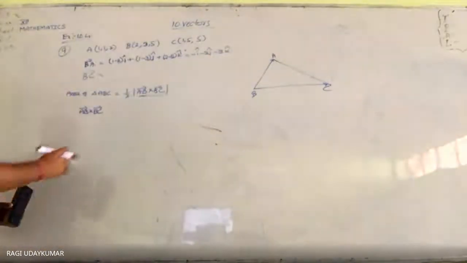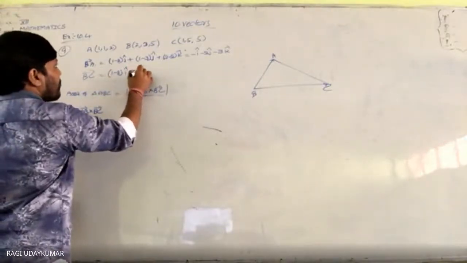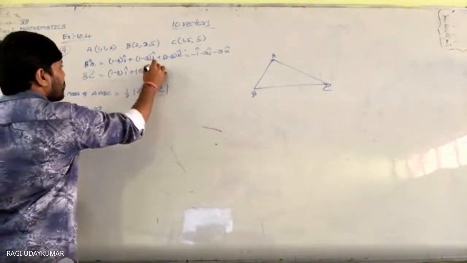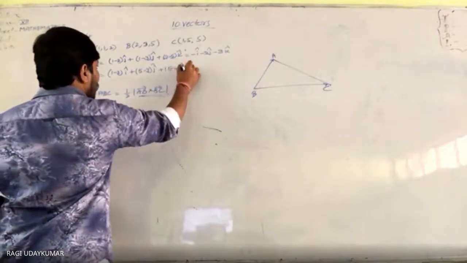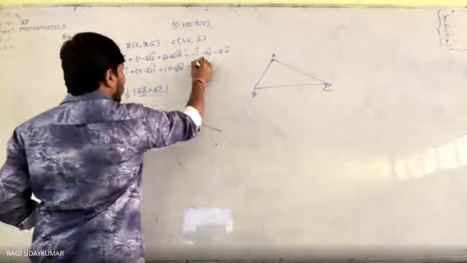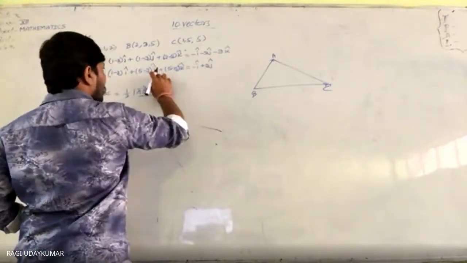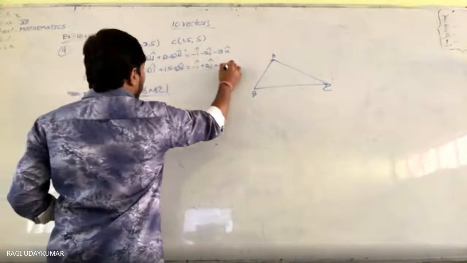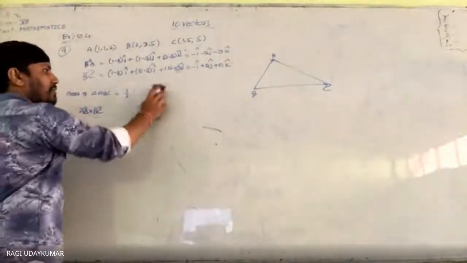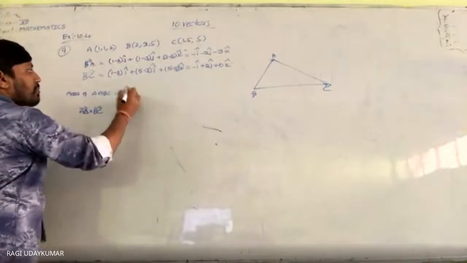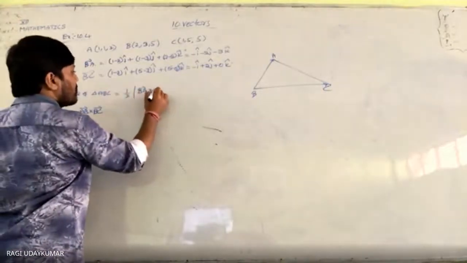And BC is (1 minus 2) i plus (5 minus 3) j plus (5 minus 5) k, which is equal to minus i plus 2j plus 0k.